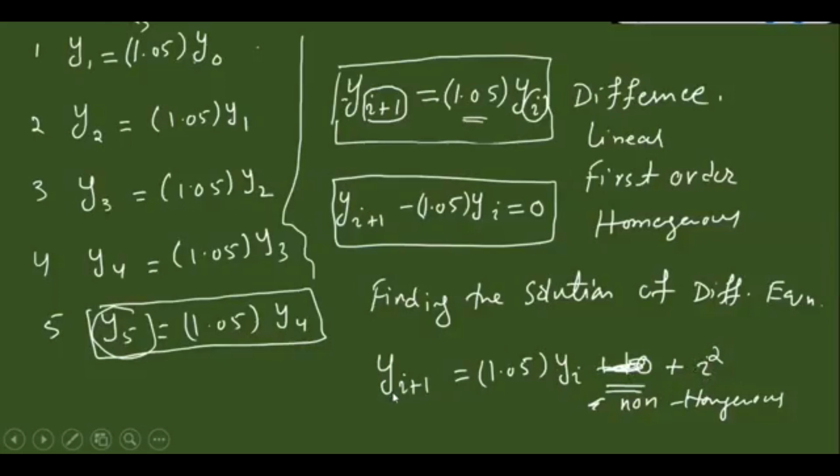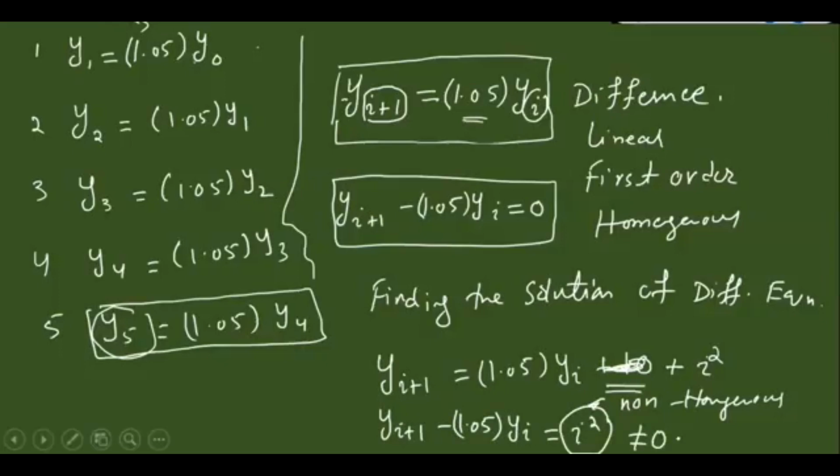So here it is not a constant value like 10 in the previous case, it is varying as well. But at any time when I want to compute, there is a fixed amount left over if I keep all the y_i index terms on one side. Still some value is left based on the function. If I write it down, y_{i+1} minus 1.05 times y_i equals i squared. Something is left, it is not equal to 0.